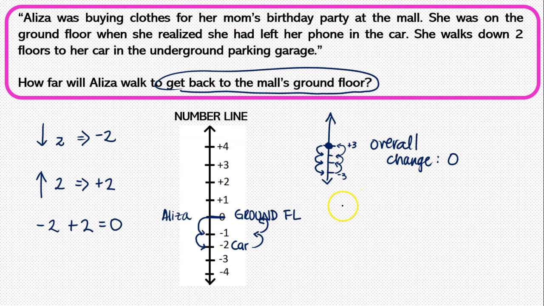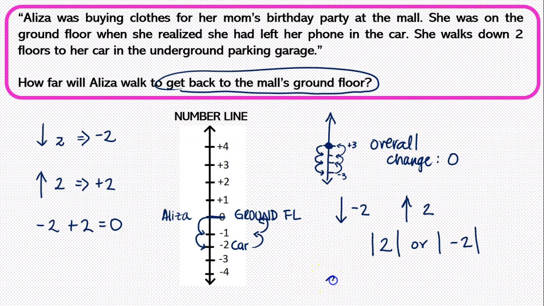That is something that you can actually see: it doesn't really matter if she goes down or she goes up. The number is going to be the absolute value of 2 or the absolute value of -2, right? It doesn't really matter if she goes up or down. She's going to go up or down 2 floors.